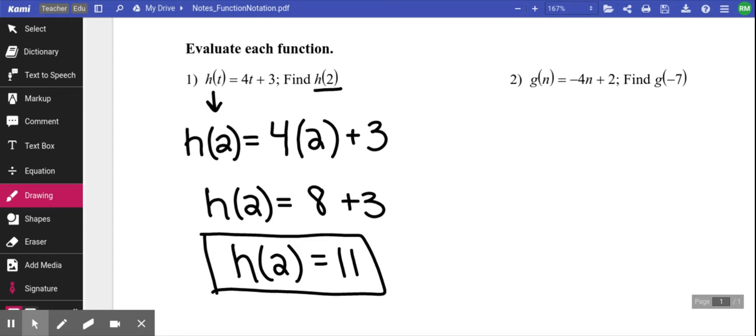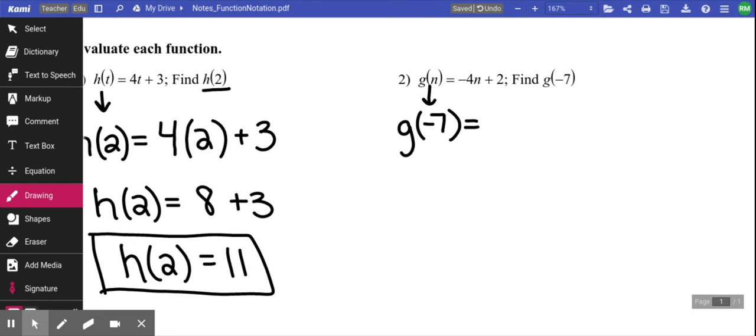Okay. Let's try another one. So instead of using g of n here, what do they want you to use? G of what? -7. Good. Equals. And you show me that you know what to do for the next part here. Write out the next part.